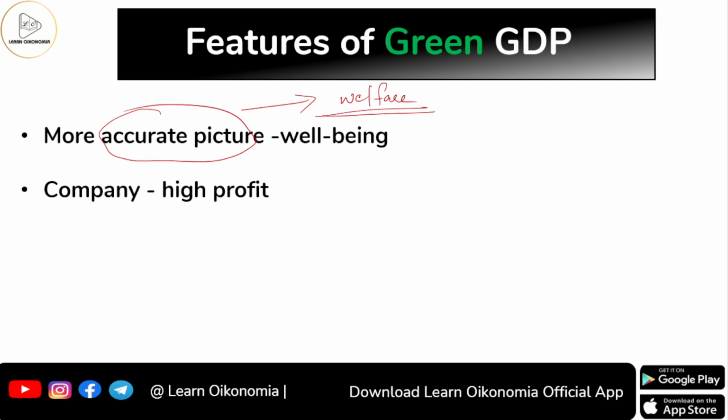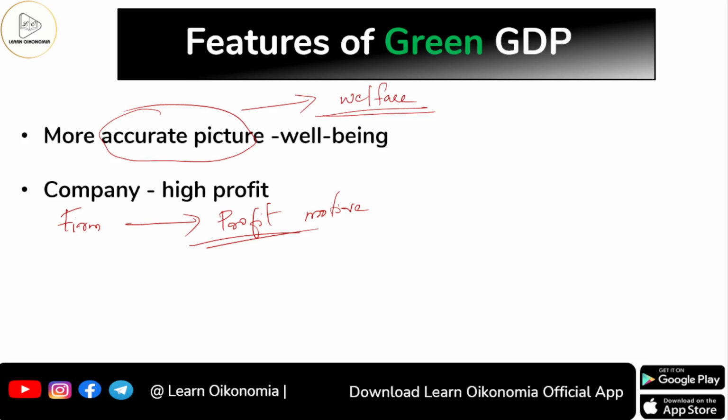Okay, so if you just take a company or a firm, what happens in the usual scenario? A firm will have a profit motive because it's rational. So its main intention is to make profit. While making profit, it might be leading to some pollution. It might be leading to some bad environmental events, isn't it?